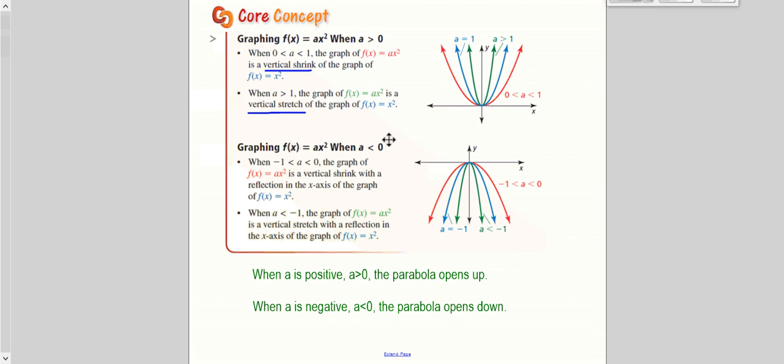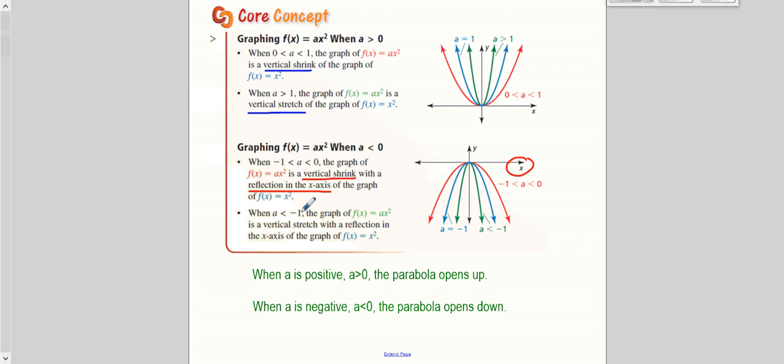Graphing f of x equals ax squared when a is less than 0. When a is less than 0, that's a negative number. But when a is between 0 and -1, we get a vertical shrink. But the negative itself makes it flip upside down. That is a reflection in the x-axis, where it was up here and it flipped over the x-axis.